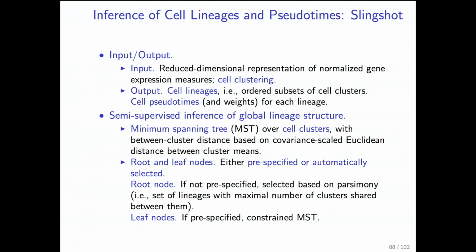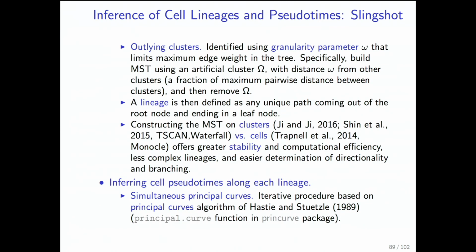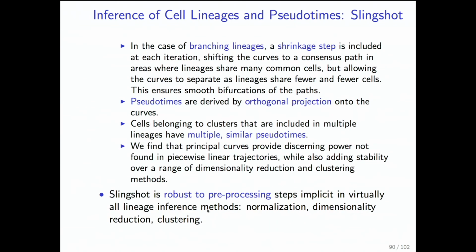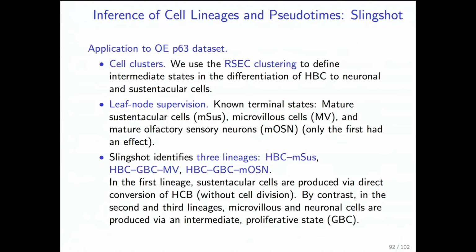In particular, we can specify leaf nodes when we know what the terminal states are. In our case, we know that terminal states are neuronal cells and sustentacular cells. And we infer the pseudotimes along these lineages using an adaptation of the principal curves algorithm of Hastie and Stuetzle.